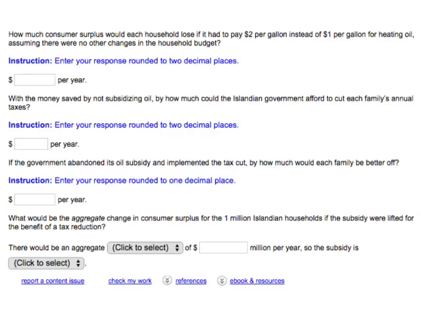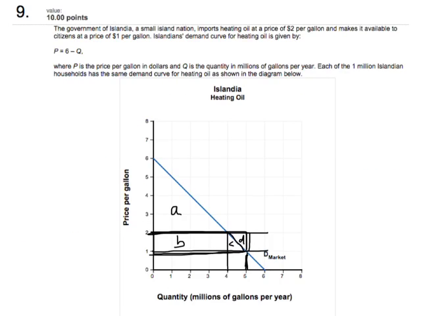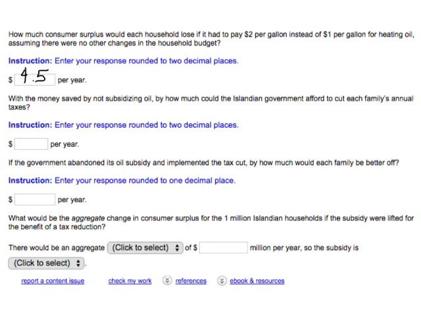And that works out to be, on a per household basis, $4.5 per year. Just to back up, economy-wide, it's this area BC. B is a rectangle of area 4, C is a triangle of area 0.5. So it's $4.5 million per year, but on a per household basis, we divide that by a million and get $4.5 a year.